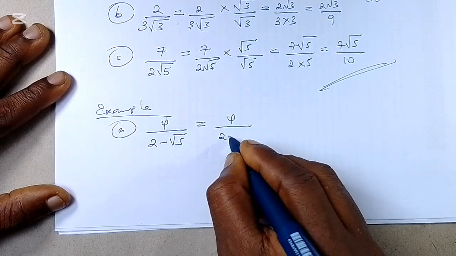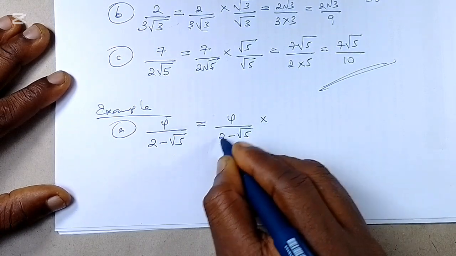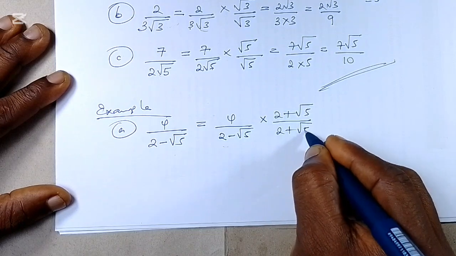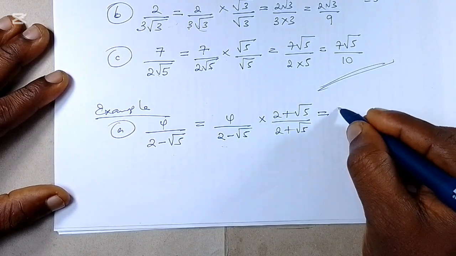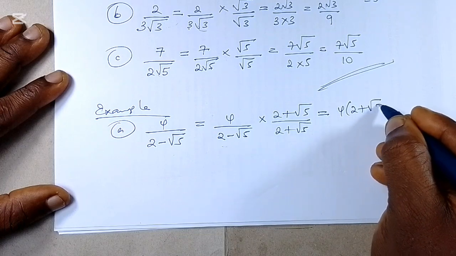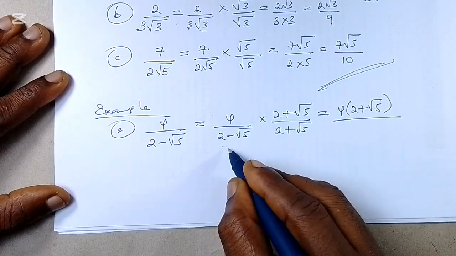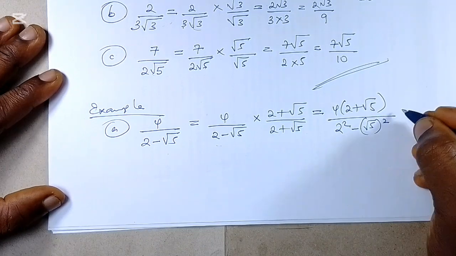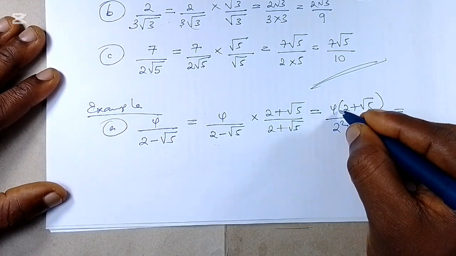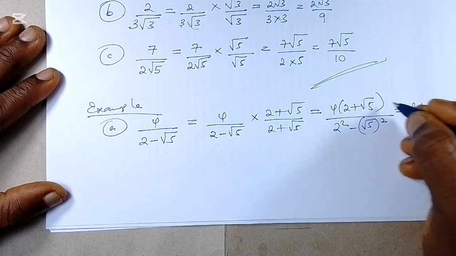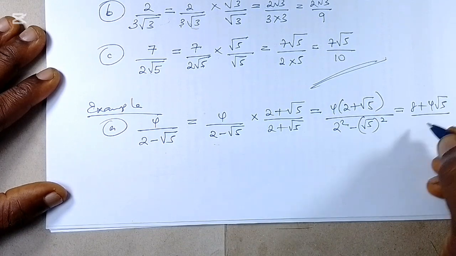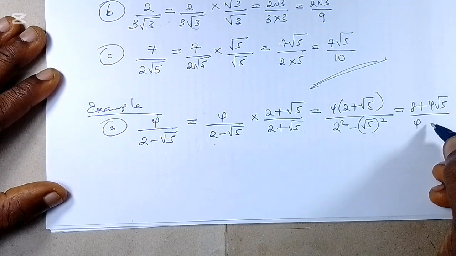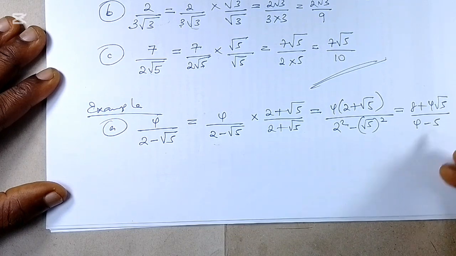So I'm going to say 2 minus root 5 times the conjugate of 2 minus root 5 will be 2 plus root 5 over 2 plus root 5. So that will give me 4 times 2 plus root 5 in the numerator, and by difference of 2 squares, this will be 2 squared minus root 5 all squared, and that will give you 4 times 2, when you open up the bracket, is 8. 4 times root 5 will be 4 root 5, and this will be all over 2 squared is 4, and root 5 squared is 5, okay, by what we had said earlier on.